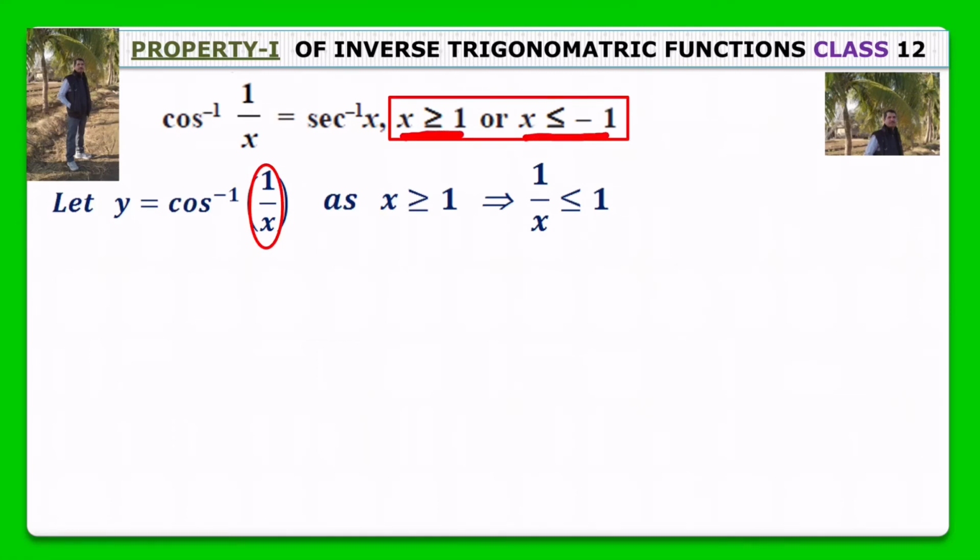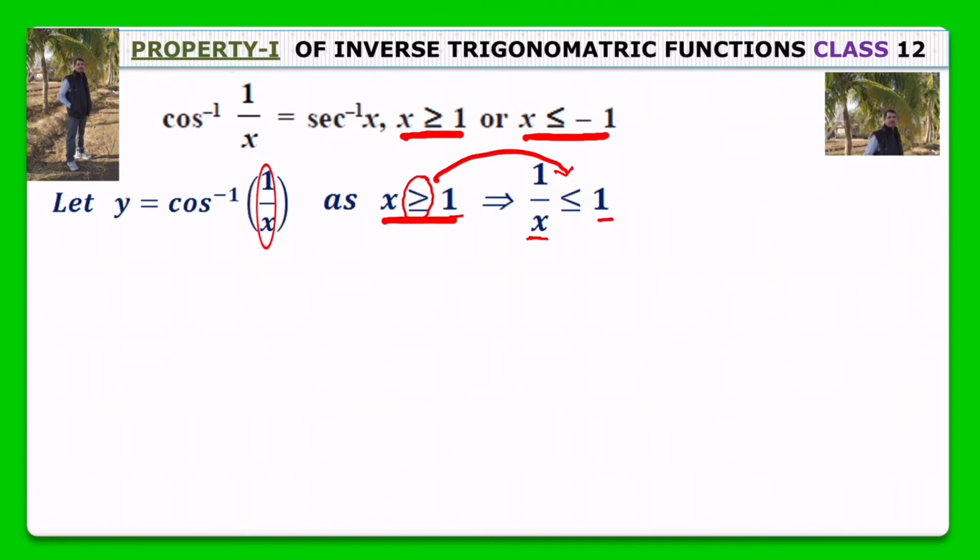First consider the value of x greater than or equal to 1. Then the reciprocal of x will be 1 upon x, and the reciprocal of 1 will be 1, and the sign of inequality will be changed. Means greater than equal to can be written as less than equal to, यानी जब हम इनका रेसिप्रोकल लेते हैं तो साइन ऑफ इनइक्वलिटी चेंज हो जाता है. So it means the value of 1 upon x will be less than equal to 1.